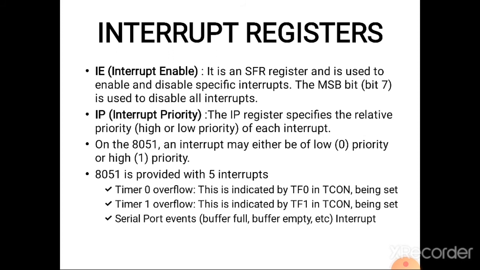The 8051 provides 5 interrupts: timer 0 overflow is indicated by the flag TF0 in TCON, timer 1 overflow is indicated by the flag TF1 in TCON, and there are serial port event interrupts.